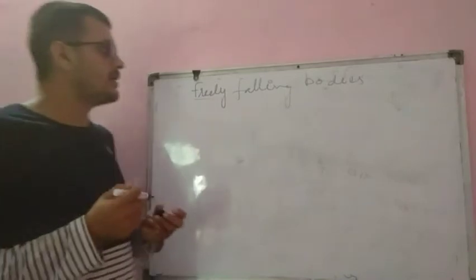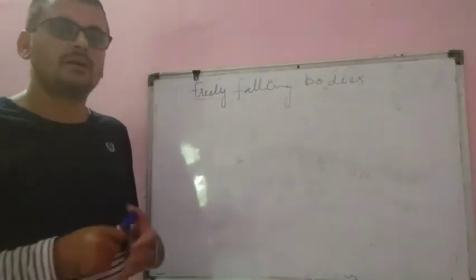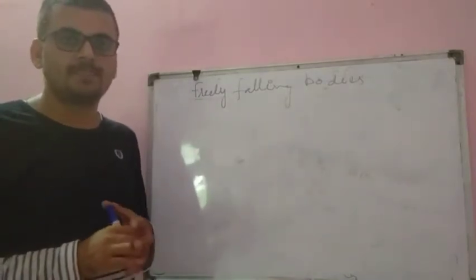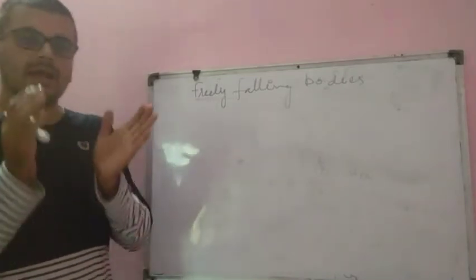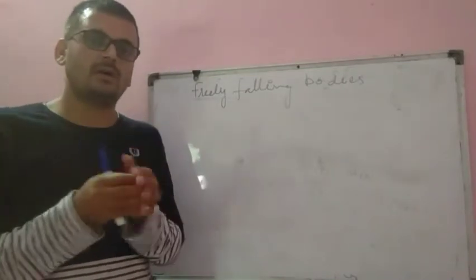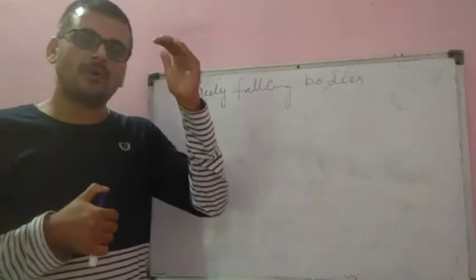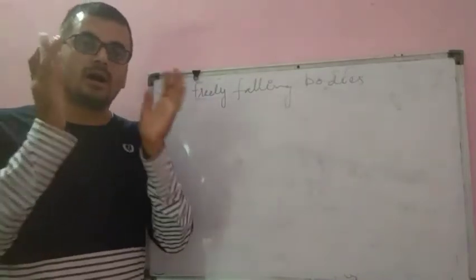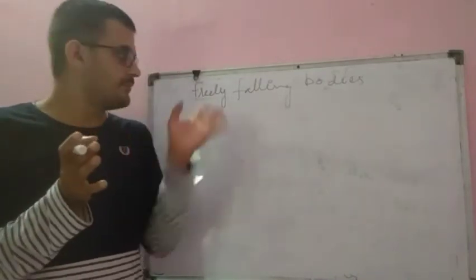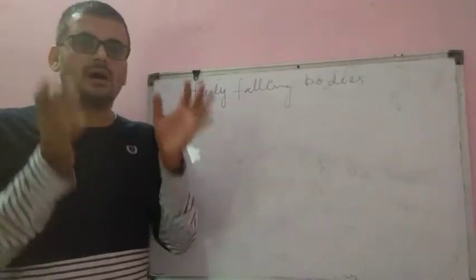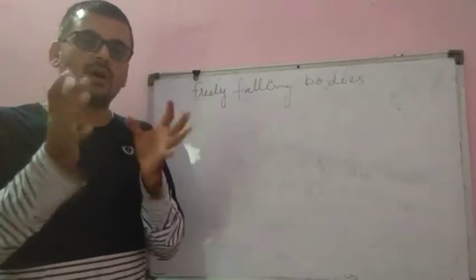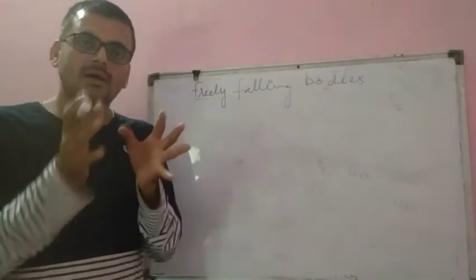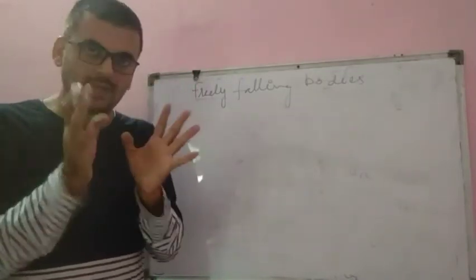What is the meaning of free fall or freely falling bodies? When any body moves, the motion of a body under the gravity. Free fall means motion of a body under the gravity only.